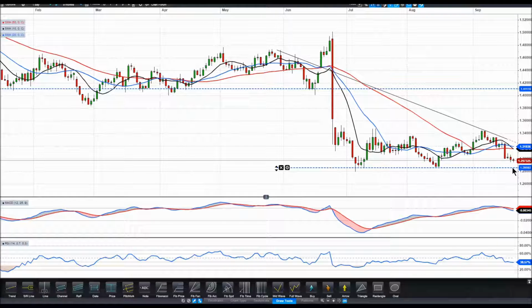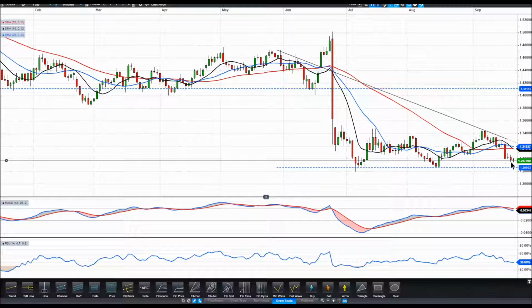We're either going to get a bounce off this level and a retest towards the highs of this consolidation, or we're going to get a break of it. Looking at the strength of momentum here and looking at the fundamental perspective as well, there's not short of bullish news coming out of the UK from a fundamental perspective.